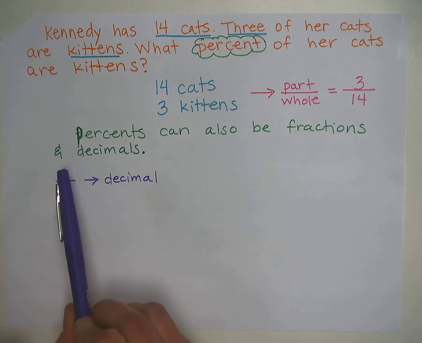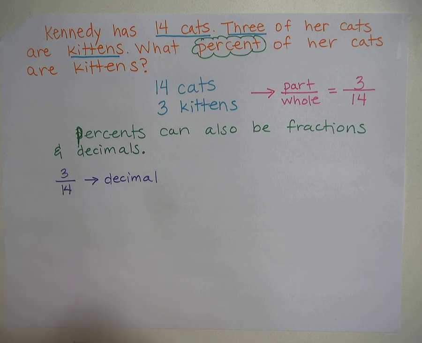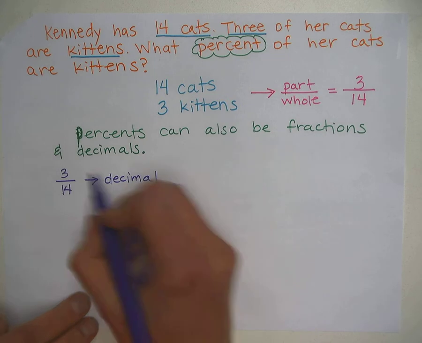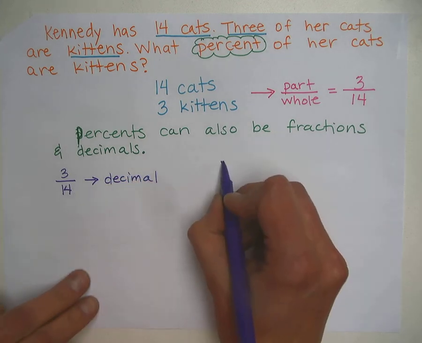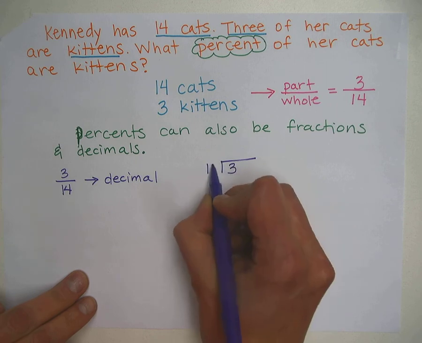So I really want you guys to remember that all fractions are division problems, because sometimes you might be doing a problem and you might see a fraction and you go, I don't know what to do with that fraction, and it might just be helpful to turn it into a decimal. And you do that by dividing the top by the bottom, top number in the house. 3 divided by 14.